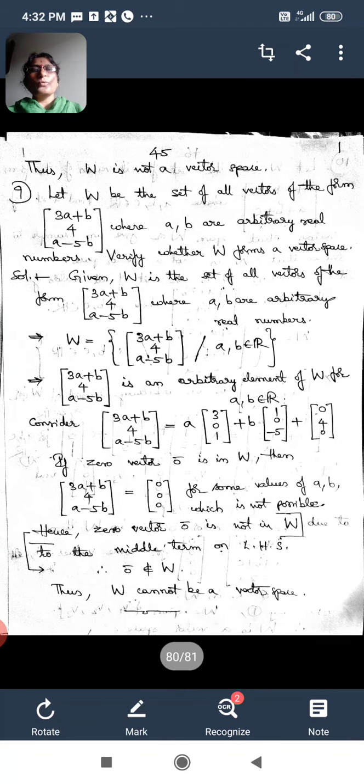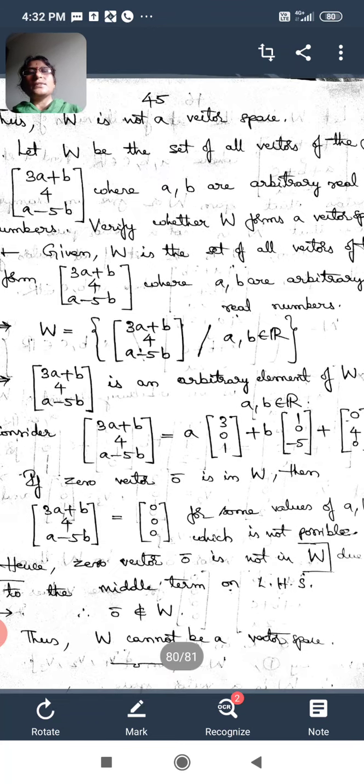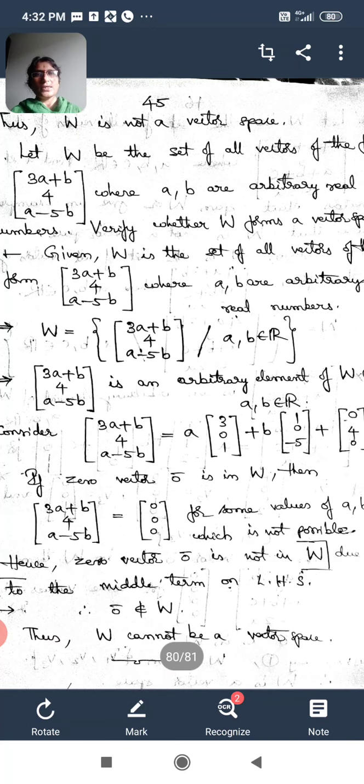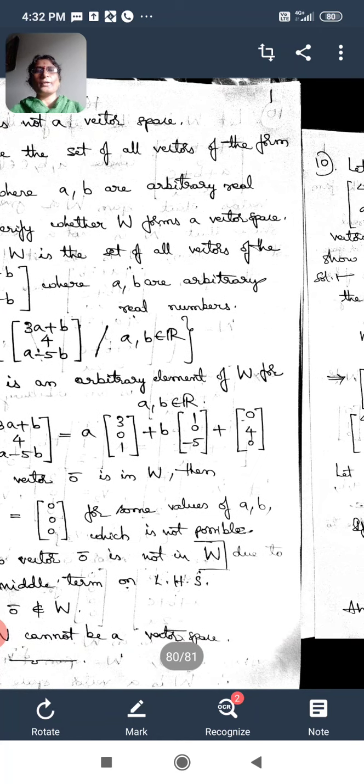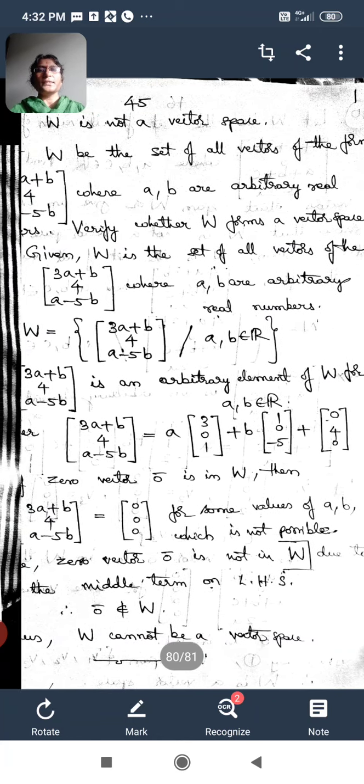Now moving on to the next problem. Let w be the set of all vectors of the form, it is a column vector again, also of order 3 by 1. Now the entries or elements of this matrix are 3a plus b, 4a minus 5b, where a, b are arbitrary real numbers.